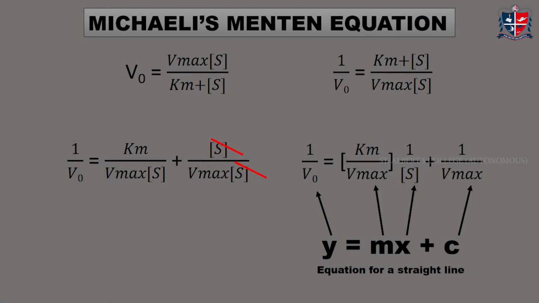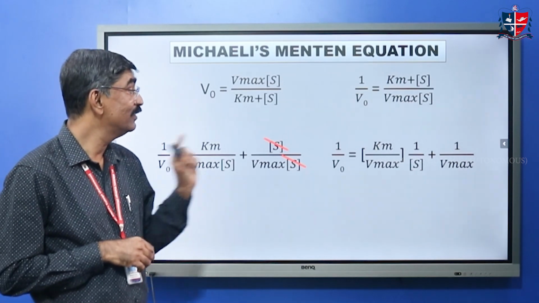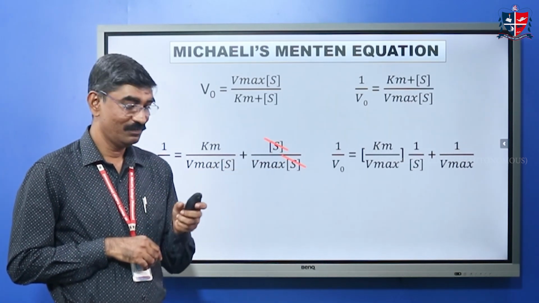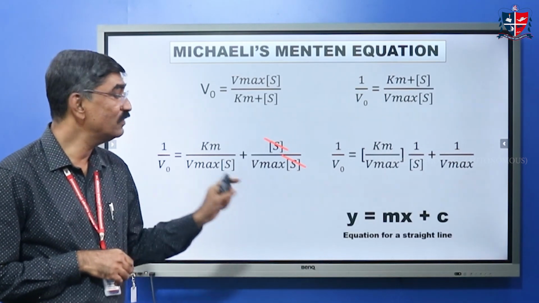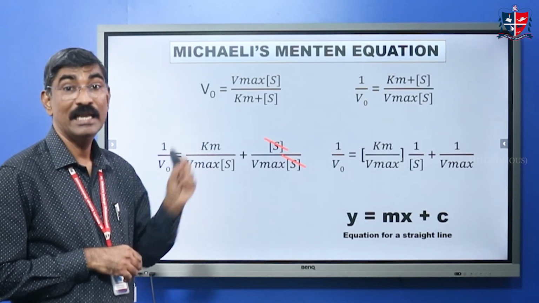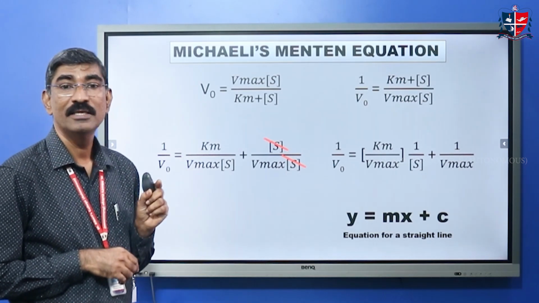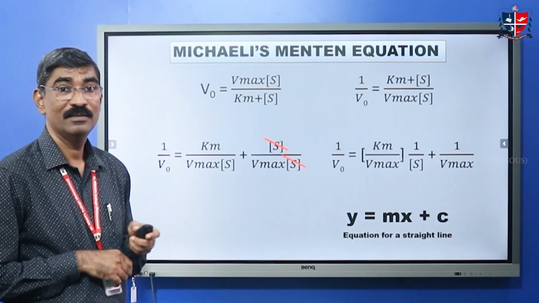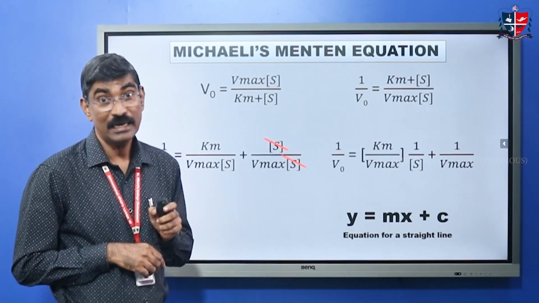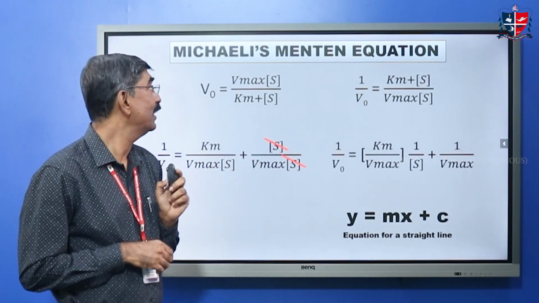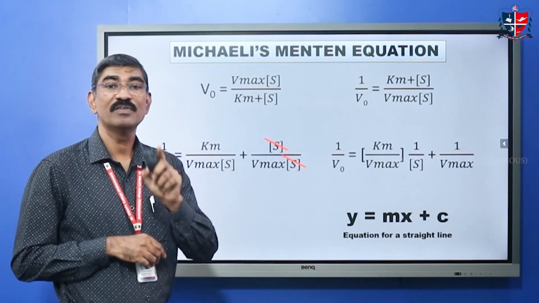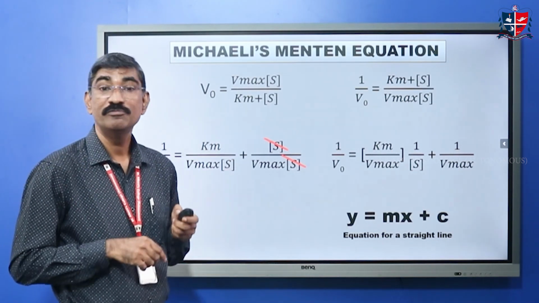Can you find any similarity to something else with this equation? Yes, it is something related to the equation of the straight line, that is y equals mx plus c. This equation is the equation for a straight line. So this Michaelis-Menten equation can be converted to something related to the equation of a straight line.